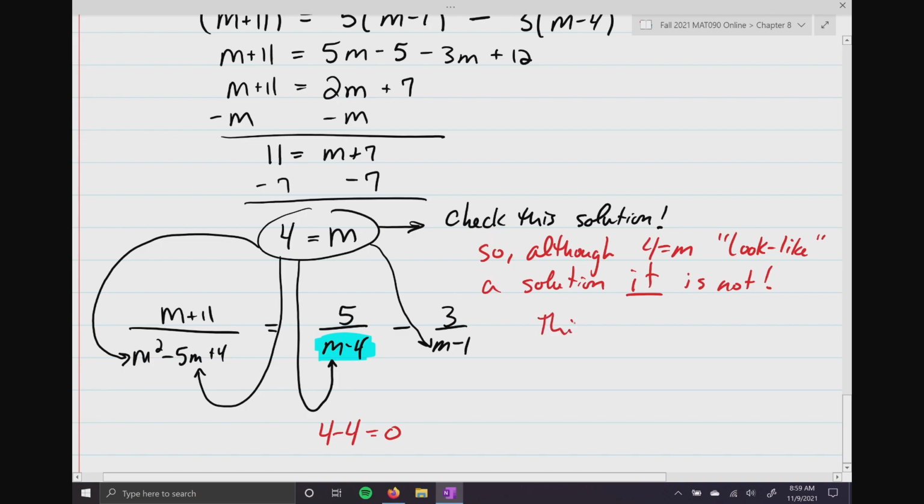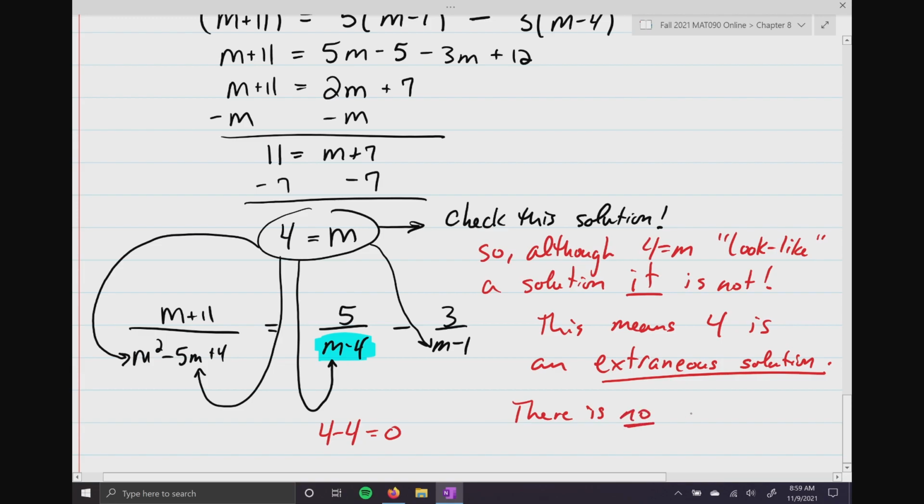This means 4 is an extraneous solution. There is no solution to this problem. And that's how fast something like this can happen, okay?